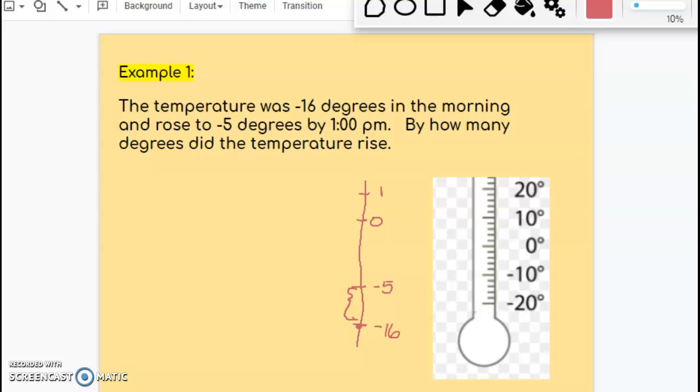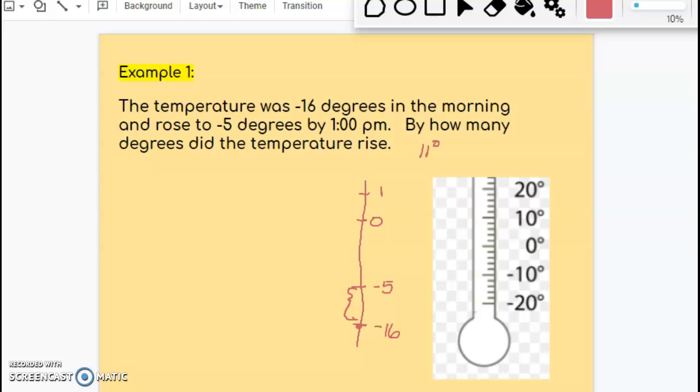So think about this. You are finding the difference between negative 16 and negative 5. And some of you in your head will say, oh, 16 minus 5 is 11, so there's 11 degrees difference. Good, so that's the answer, 11 degrees. So it rose by 11 degrees.